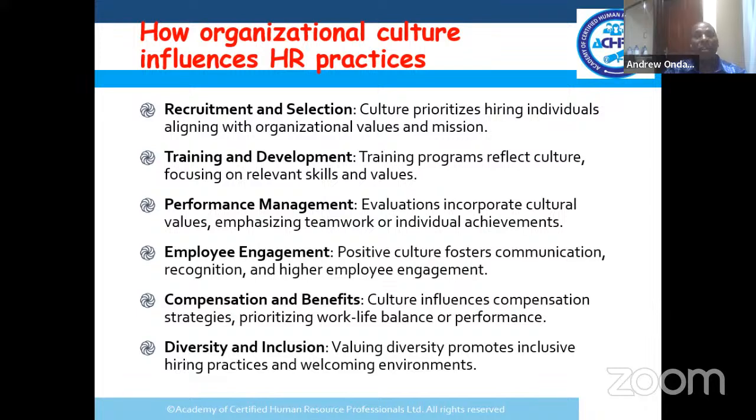So if people are hired without exposing them to competitive processes, then that speaks to our culture. The same with training: if we value people, we must train them. And the value is part of the culture.